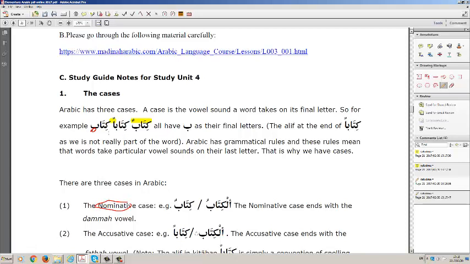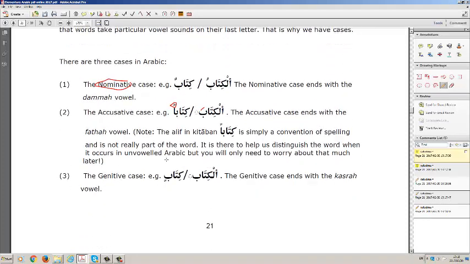When it has an a sound, when it's kitaban or kitaba, al-kitaba, then it has that sound because it is in the accusative case. And when it's al-kitabi or kitabin, it has the sound because it is in the genitive case.